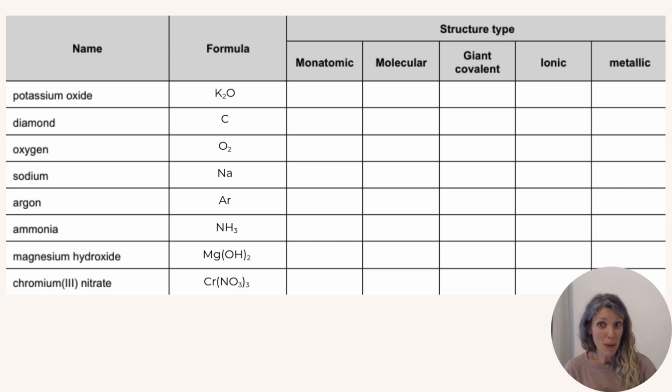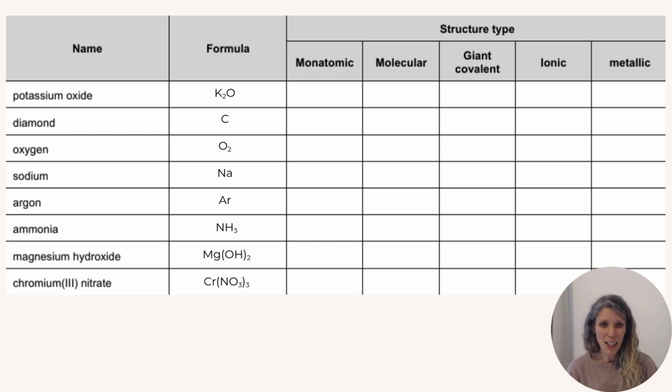Number 2, diamond, C. That one we need to learn and recognise as one of our big 5, so that is giant covalent. Number 3 is oxygen, O2. Oxygen is a non-metal. 2 non-metal oxygen atoms joined together, and that makes it simple molecular or simple covalent. Are you quicker than me yet? Next one, number 4, sodium, Na.